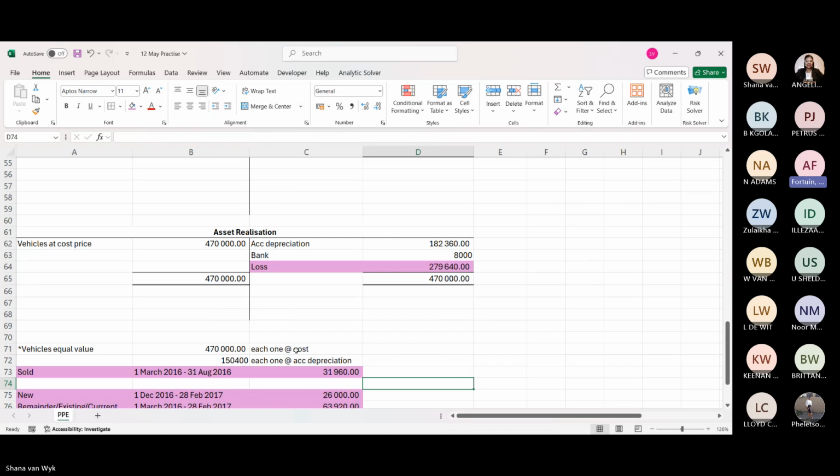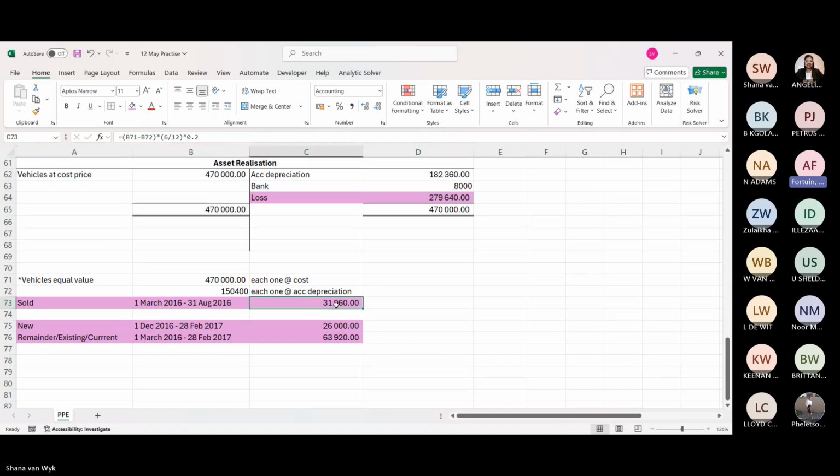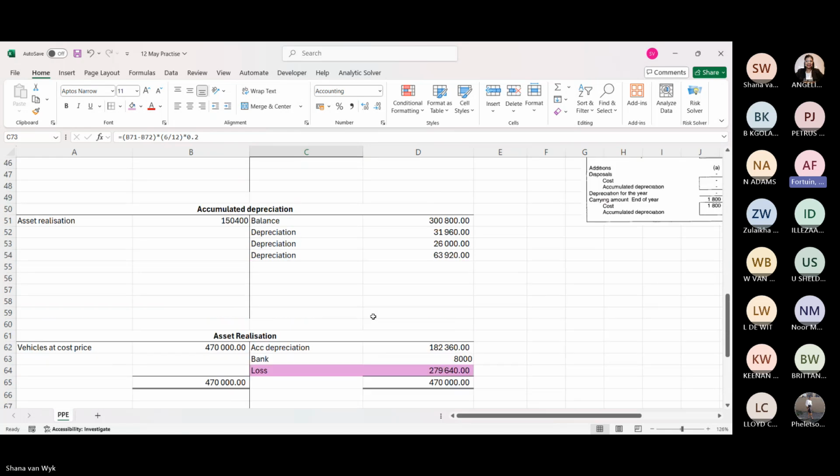Then I got 70,500. Then I said 470 minus 70,500, right? Times 20%, then I got 79,900. Then I took 470 minus 70,500 minus 79,900 times 20% times 6/12. That's the 31,000. Okay, but you did get the 182,360 there, right?